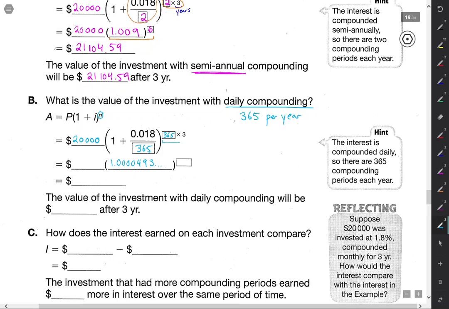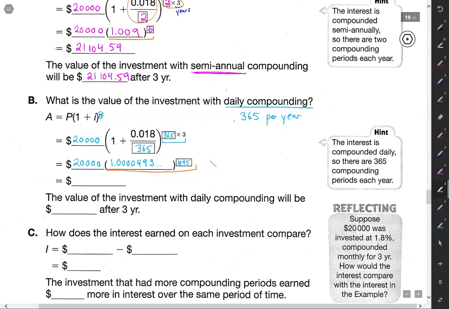And then let's also multiply these two together while we're at it. So 365 times 3 is 1,095. And then that 20,000 we haven't touched yet. So again, we're going to do a similar step. We're going to do 1.0000493 to the power of 1,095.